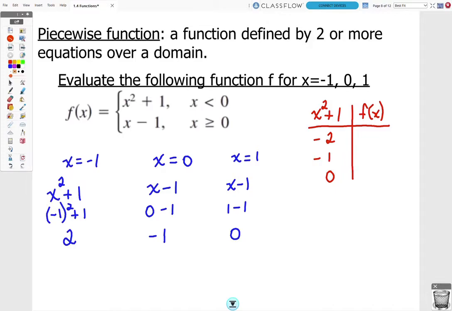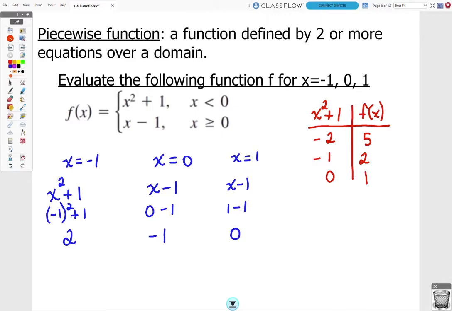We'll see how that turns out when we put both of these together. So -2 squared is 4, 4 plus 1 is 5. -1 squared is 1, 1 plus 1 is 2, which we had before. And then 0 squared is 0, plus 1 is 1. Now I know that 0 was not defined in there, but it's going to show up when we put the two together in just a second.